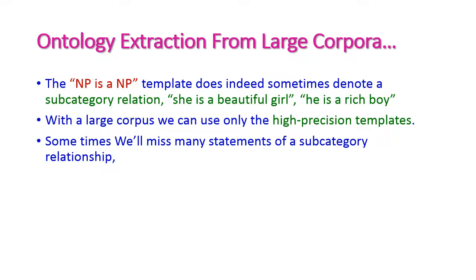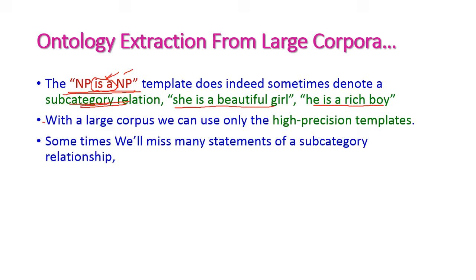Here is another template: noun phrase is a noun phrase, NP is an NP. Here is is a keyword. By using this we can generate she is a beautiful girl, he is a rich boy. Sometimes it denotes only the subcategory relation.